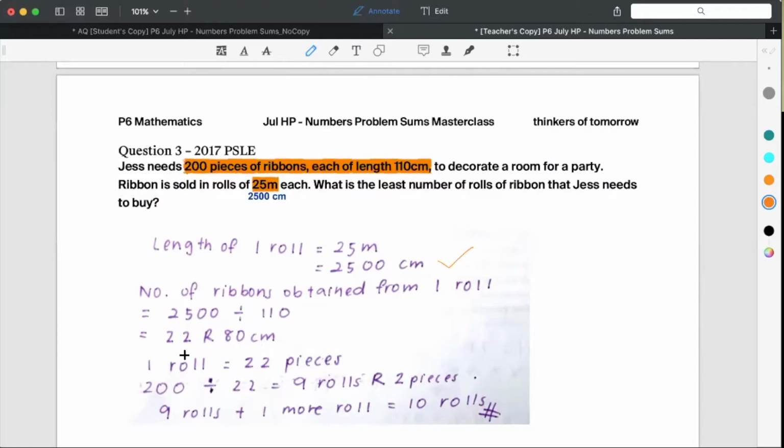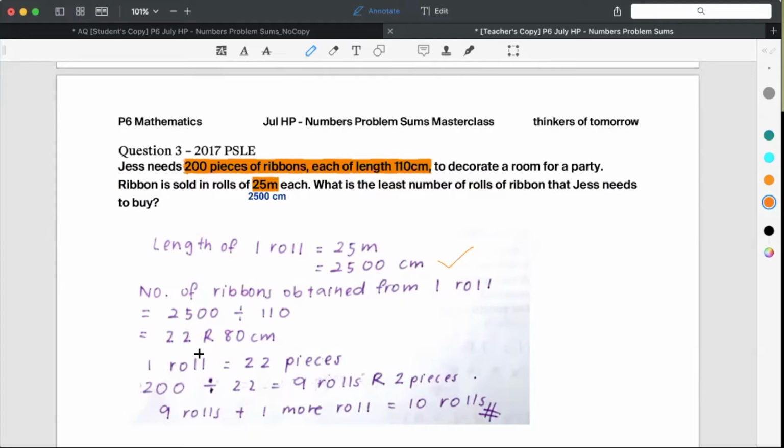You obtain 22 pieces maximum. The remaining 80 cm from a row, you have to throw away. You cannot keep it and combine it with the other remainders to form a ribbon. Not possible.